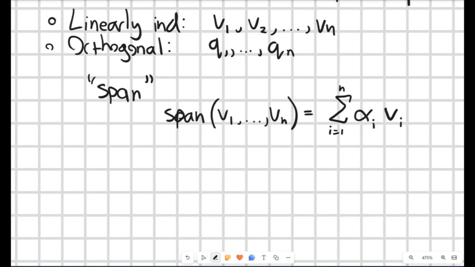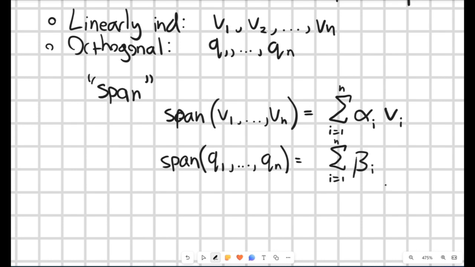And then if we write, let's say, the span of q1 to qn, then we're going to say that's the summation, and I'm going to have a different constant here, so let's use betas instead of these alphas. When we use the Gram-Schmidt process, we want to find an orthogonal set of vectors q that span the same space as v.